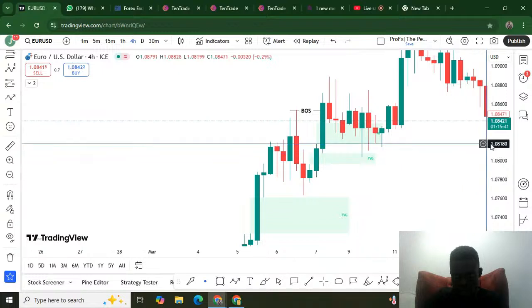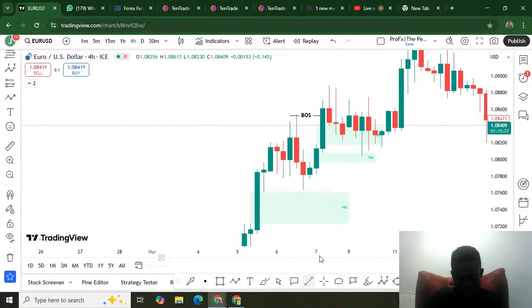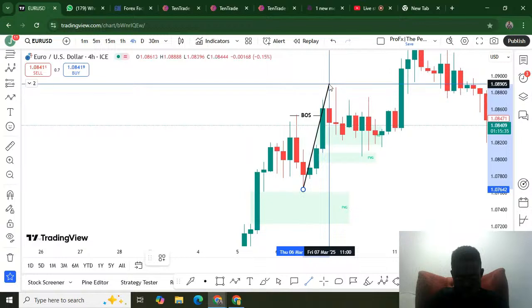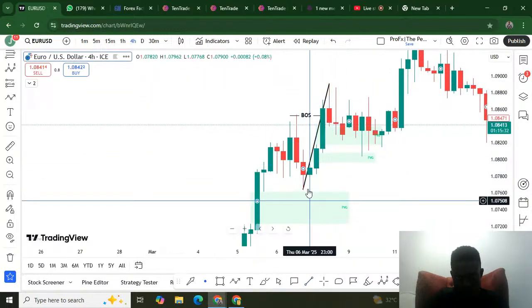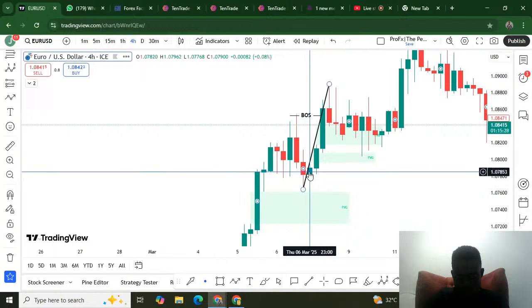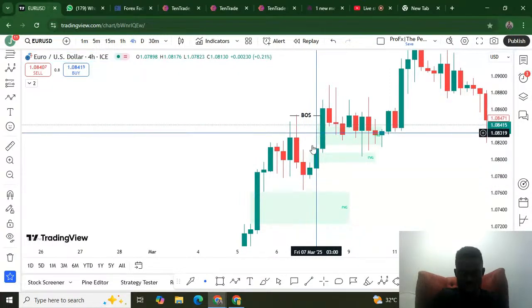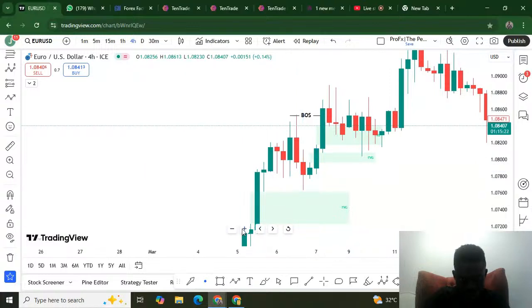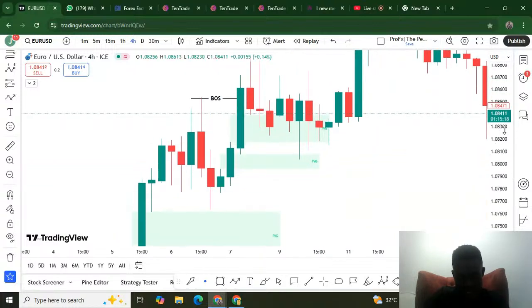Now watch carefully. This is the break of structure, right? So look at this swing. I have a drop, base, rally. That's a demand zone. Candlestick, drop, base, rally. That's a swing demand.